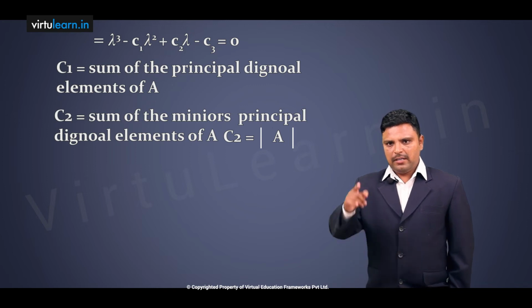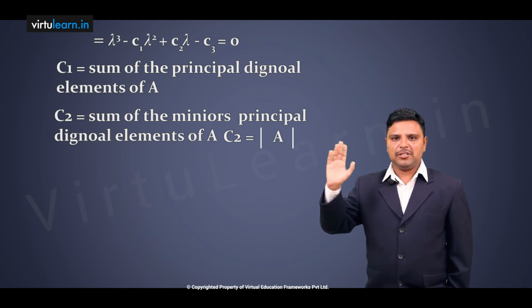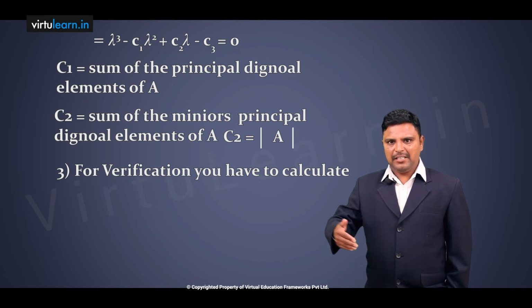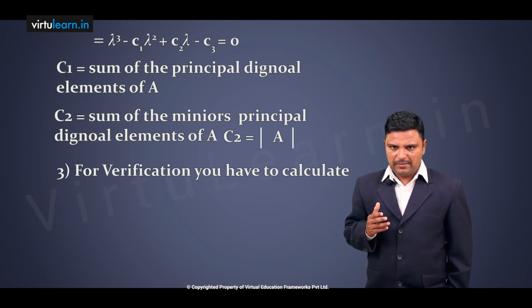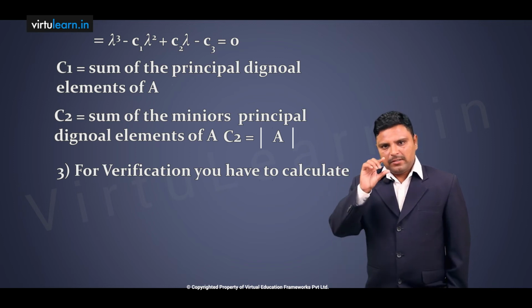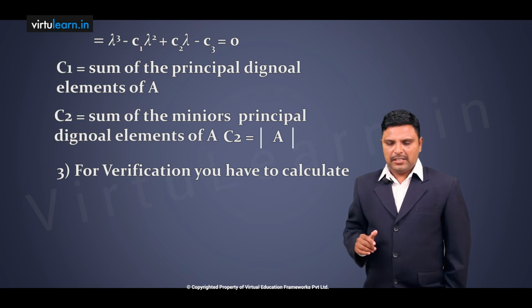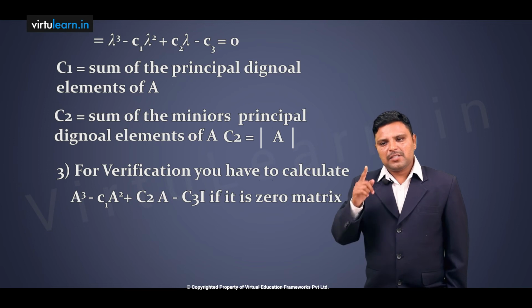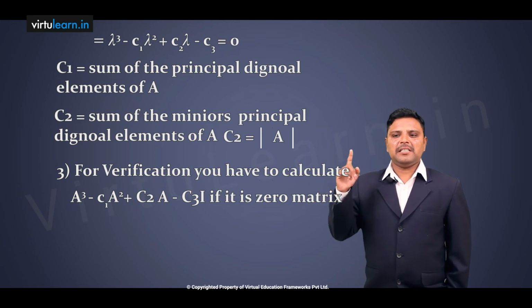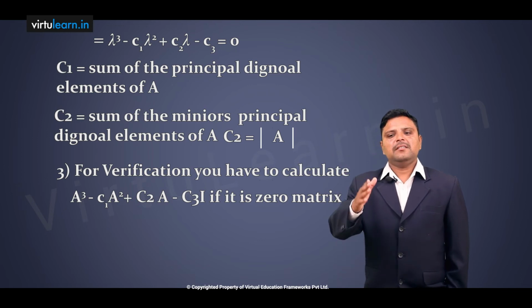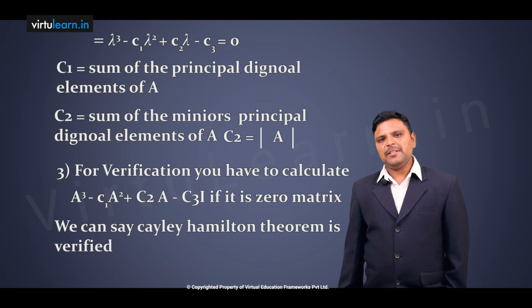Now we have the characteristic equation lambda cube minus C1 lambda square plus C2 lambda minus C3 equal to 0. For verification, how to verify this theorem? After constructing the characteristic equation, replace lambda by A, and calculate separately A cube minus C1 A square plus C2 A minus C3 I. If it is the 0 matrix while calculating, then we can say that Cayley-Hamilton theorem is verified.